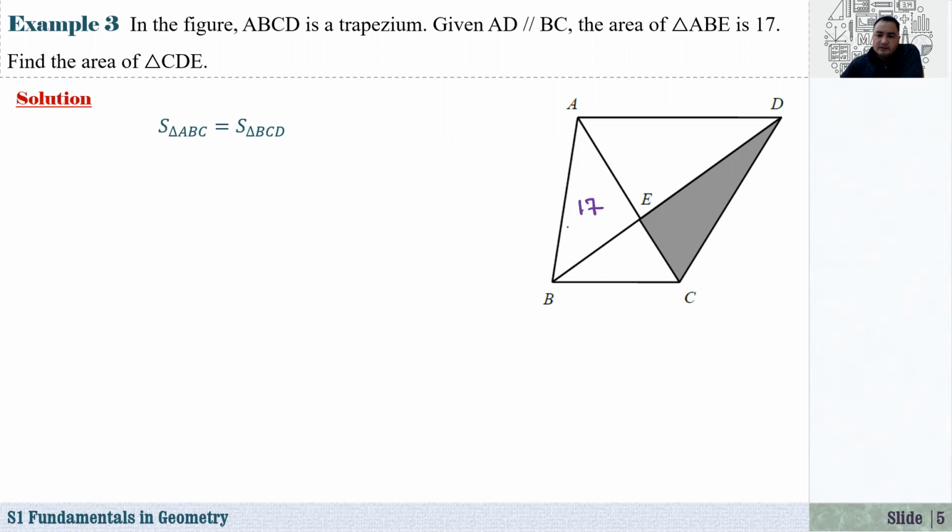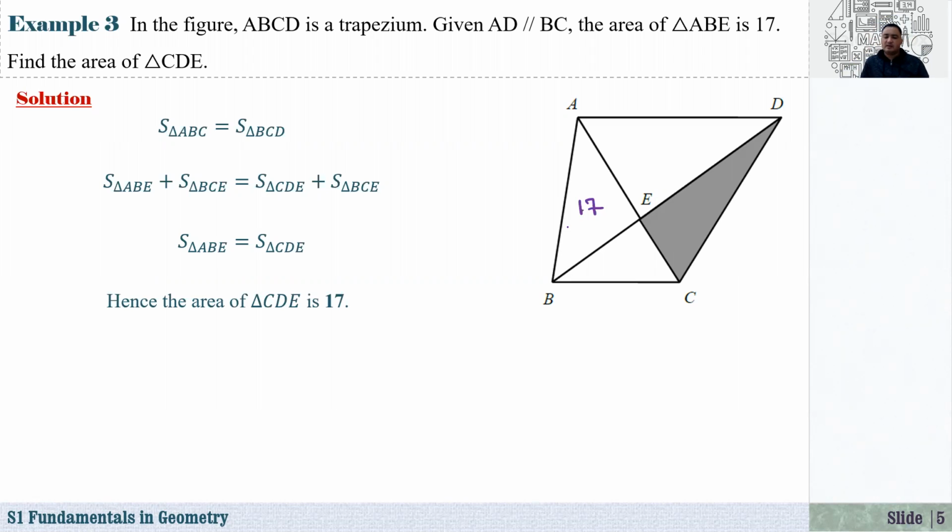Since they are equal, the area of ABE plus the area of BCE should be equal to the area of CDE and the area of BCE. Since BCE is common, the area of ABE should be equal to the area of CDE. So hence the area of CDE is 17.